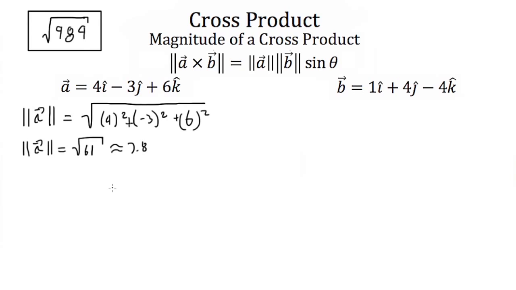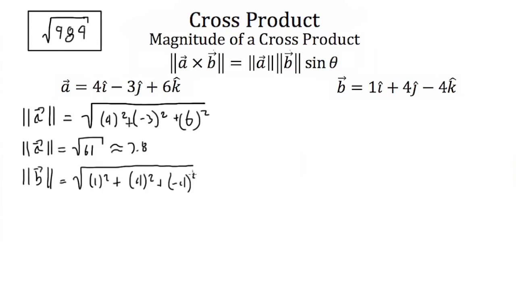Now we need to find the magnitude of vector B. That's equal to the square root of the amount it moves in the x squared, so 1 squared, plus the amount it moves in the y, so 4 squared, plus the amount it moves in the z, negative 4 squared.